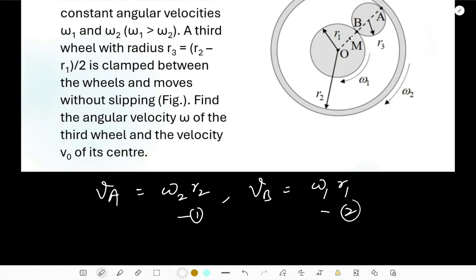But kindly make sure that the line you are taking as the instantaneous axis of rotation is the line joining the centers of all the wheels.